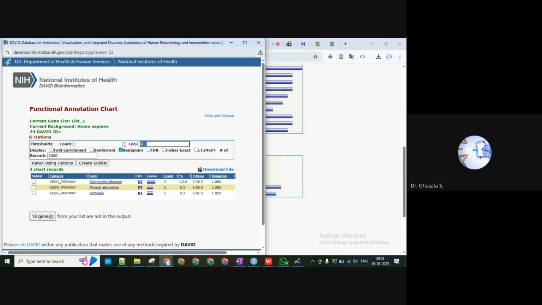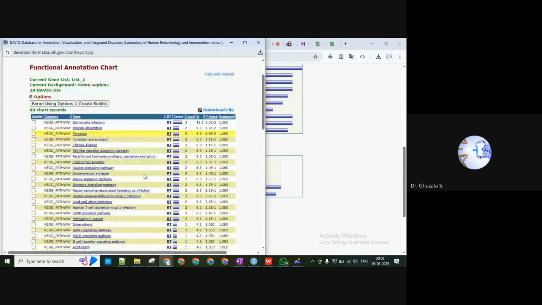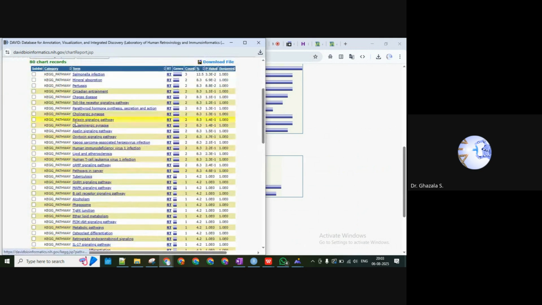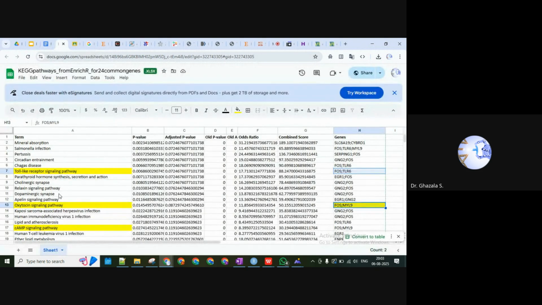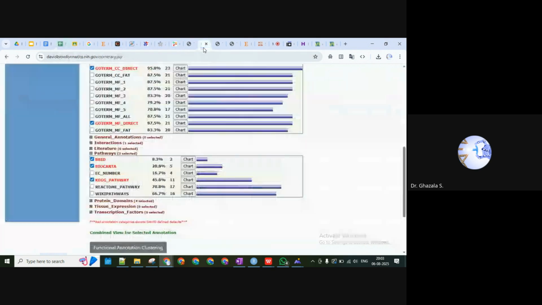And then we can increase the EASE value so that we can get more terms here. And now we get more pathways, and the same pathways that you got in your result table, right? Oxytocin signaling pathway and everything is there in DAVID. So that is how we perform analysis with DAVID.